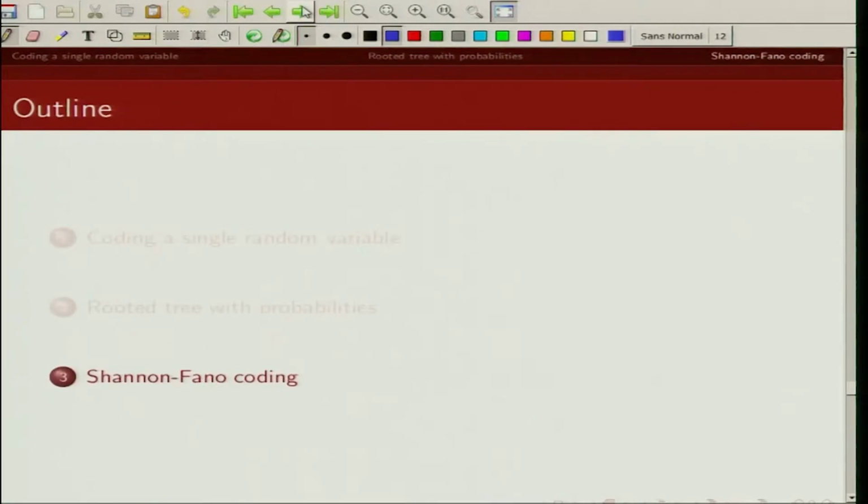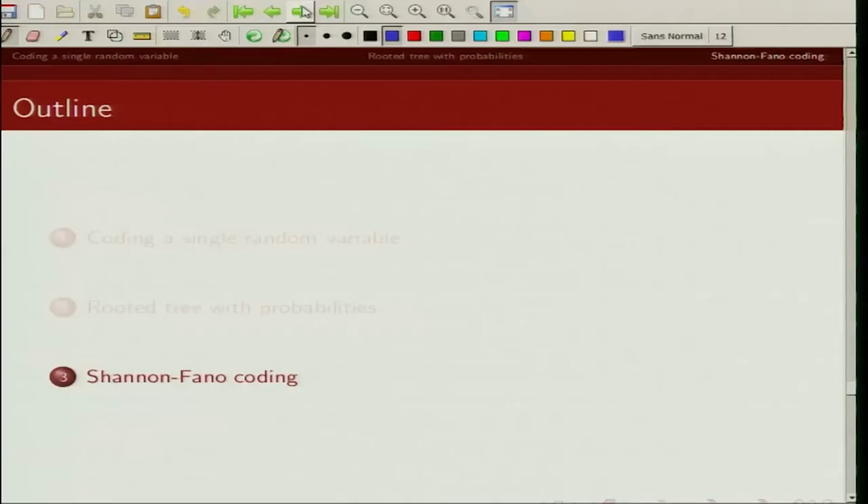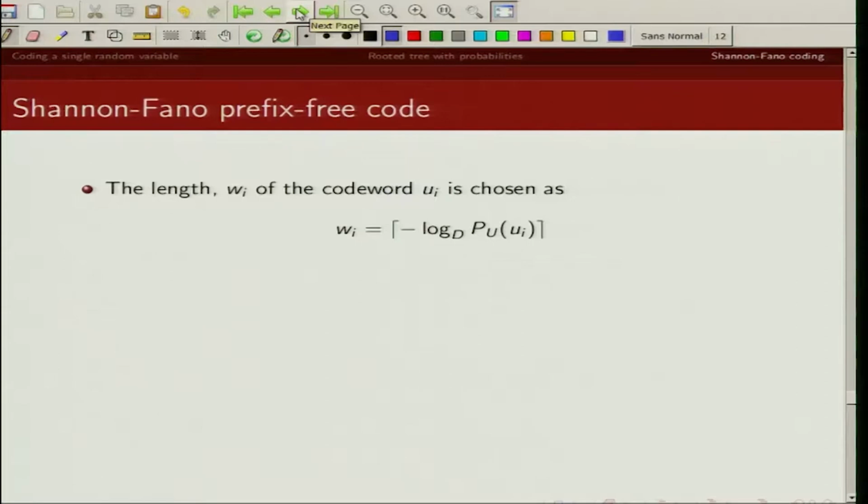Now finally, let us talk about some practical prefix free coding techniques. So we will start with the Shannon-Fano prefix free code. In the Shannon-Fano prefix free code, the code word lengths are given by this: minus log base D of the probability of occurrence of ui.